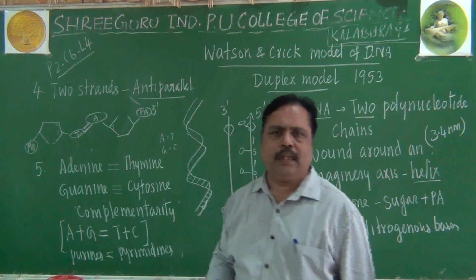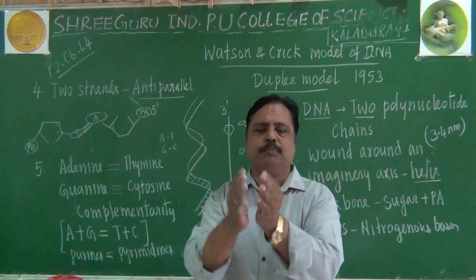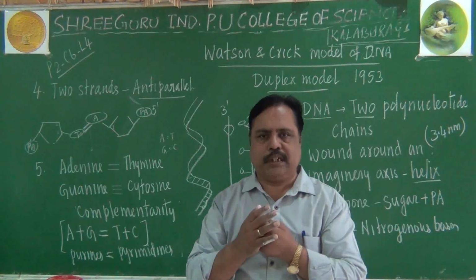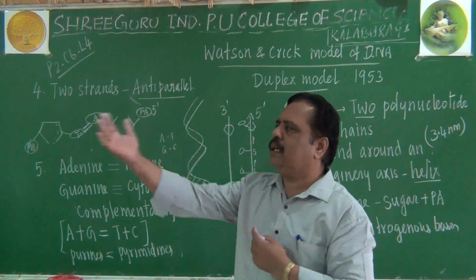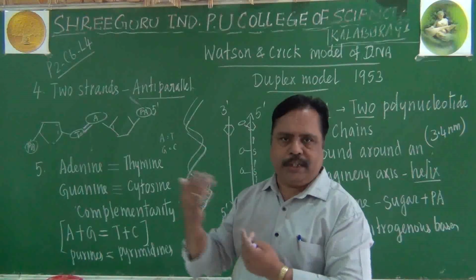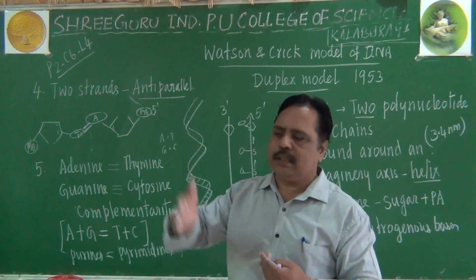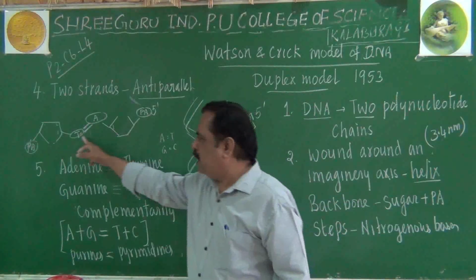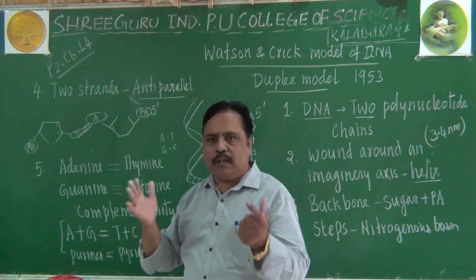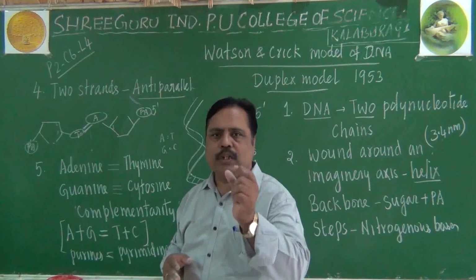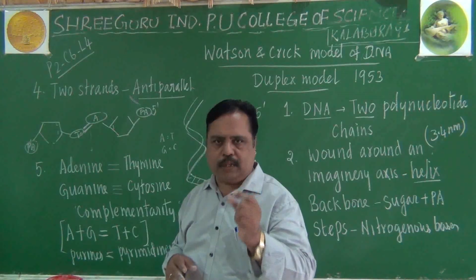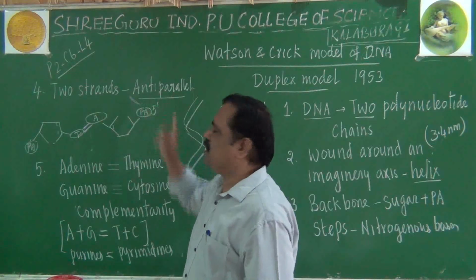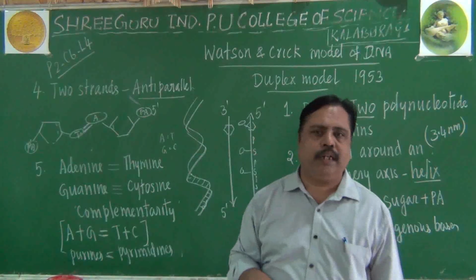Why must they be anti-parallel? Then only the nitrogenous bases of opposite strands can be brought closer to each other. I should face this side, another person should face me. When we shift direction, then only we can become stable. So here also, nitrogen bases are brought closer to each other so that bond formation can happen and stability can be attained. That is the speciality of the anti-parallel nature.